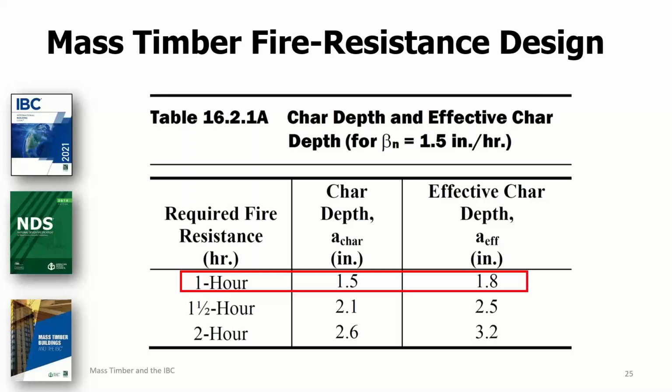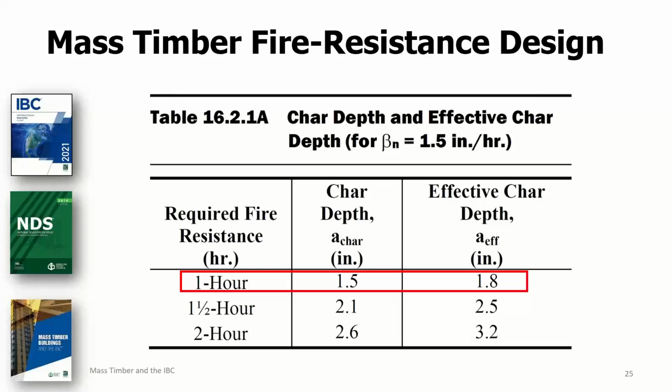All right, the table in this slide is taken from NDS Chapter 16. It provides a quick design reference for determining the char depth at a given exposure time. Those are the values you see in the middle column here. And then the char depths are given in inches for corresponding fire resistance times of 1 hour, 1.5 hours, and 2 hours.